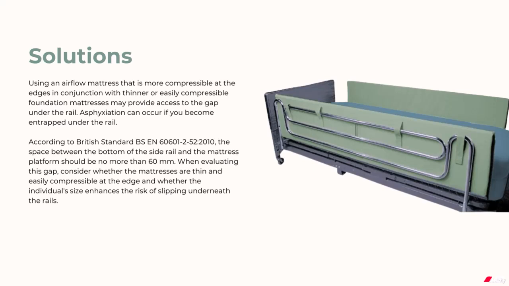According to British Standard BS EN 60601-2-52, 2010, the space between the bottom of the side rail and the mattress platform should be no more than 60 millimeters. When evaluating this gap, consider whether the mattresses are thin and easily compressible at the edge and whether the individual size enhances the risk of sleeping underneath the rails.